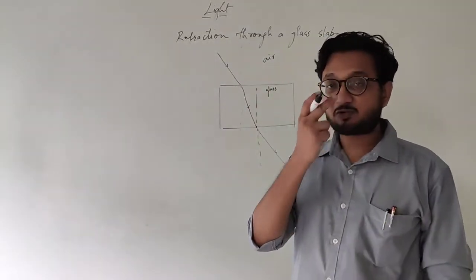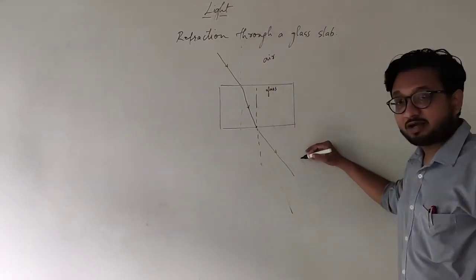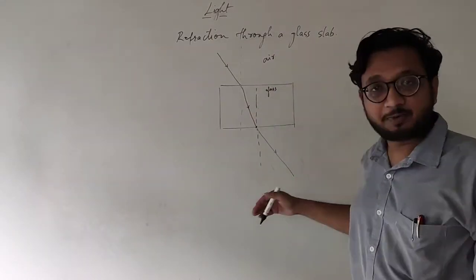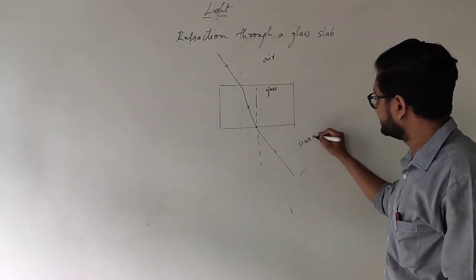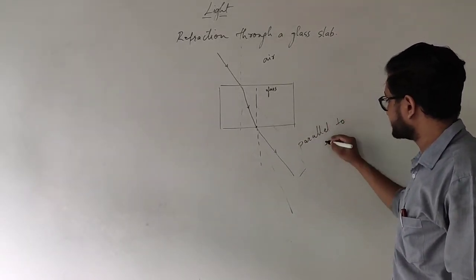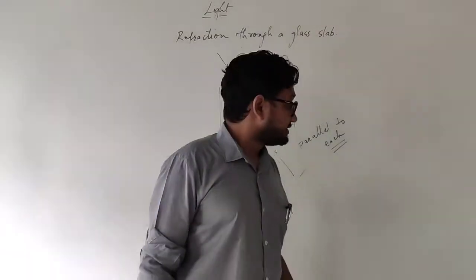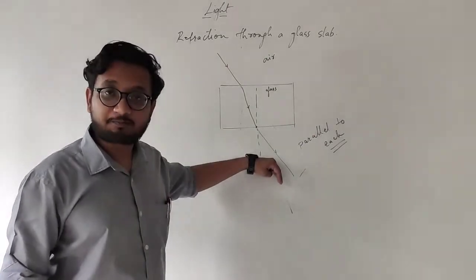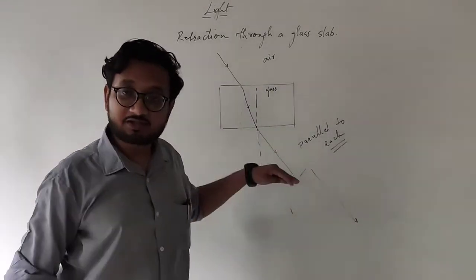One thing to notice here is that its original path and its new path are parallel to each other. It has just shifted the path. Before it was going in this direction, now also it is going in the same direction.